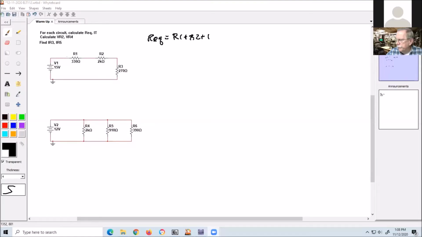Thank you. Okay, so it's a series circuit and a parallel circuit. In a series circuit, it's just the sum of the resistances. So I have 330 plus 2K plus 270, which gives me 2,600 ohms, or 2.6 K ohms.